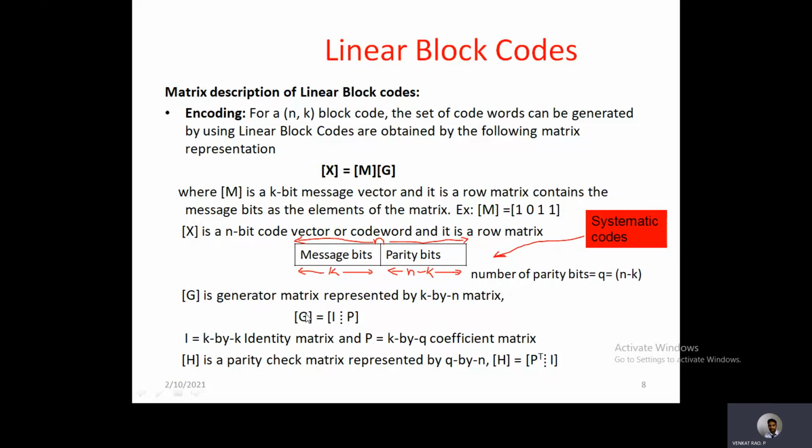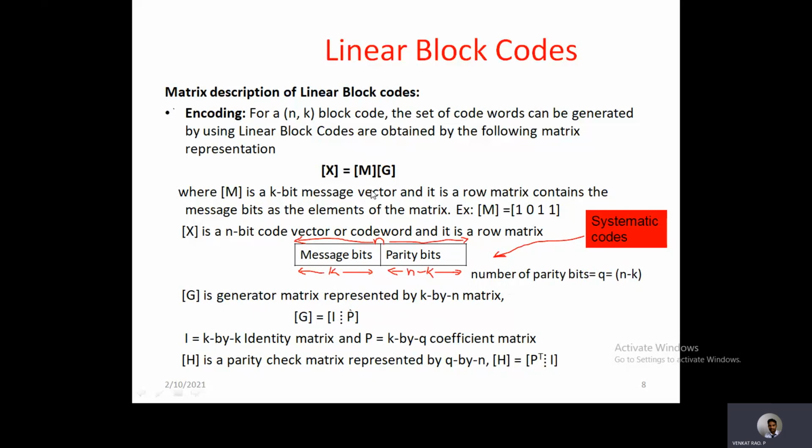Just remember how the generator matrix is represented and how the other matrix, which is known as the parity check matrix, is represented. Here the parity check matrix is represented by H, which is used in the decoding process, and the generator matrix is used in the encoding process. H is represented with the same submatrices, but first we represent P transpose and then I, where P is the coefficient matrix and I is the identity matrix.